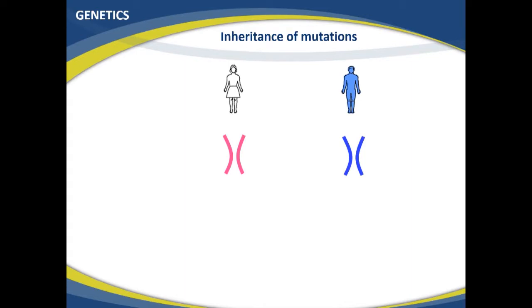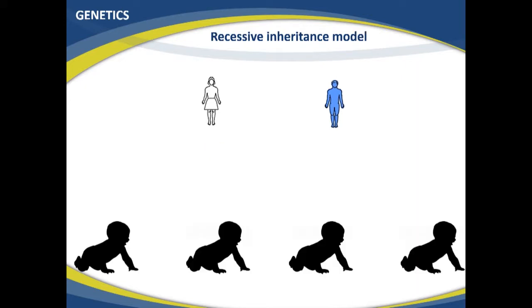And let's look at another example. Again, we have 2 people. They have 2 copies of the lactase gene. That's the one that digests lactose, the one for lactose intolerance. And now let's make 2 of these genes lactose intolerant, so mutated. What happens if you have one gene that does not know how to digest lactose, but the other one can?